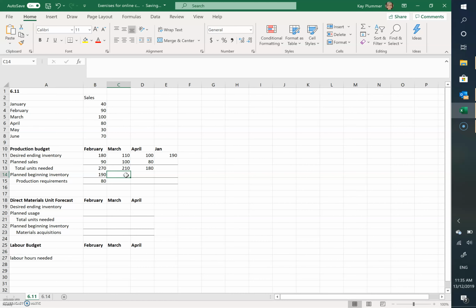So we can now work out what our planned beginning inventory for March is. That's our ending inventory for February, and our planned beginning inventory for April is our ending inventory for March. So we can work that out. Okay, so there are our production requirements.